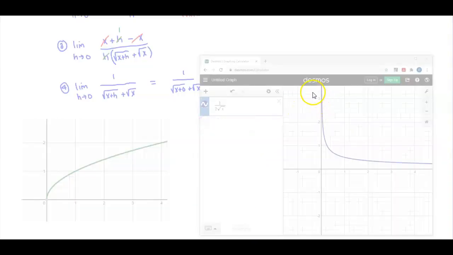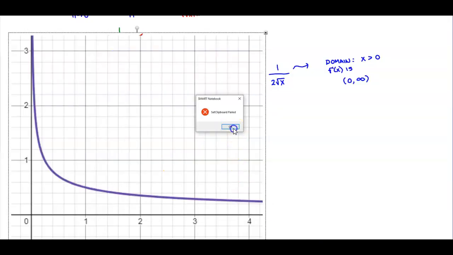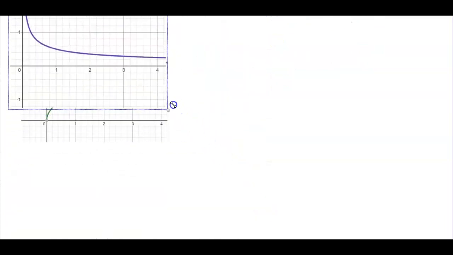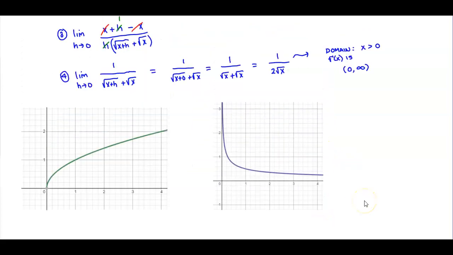And so therefore there is that graph. So again, this represents y equals, or in this case, f of x equals the square root of x. And this is f prime of x, which is equal to 1 over 2 times the square root of x.